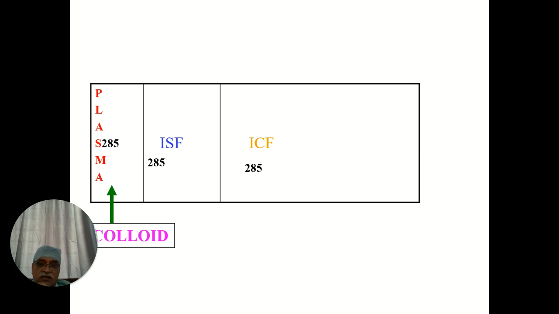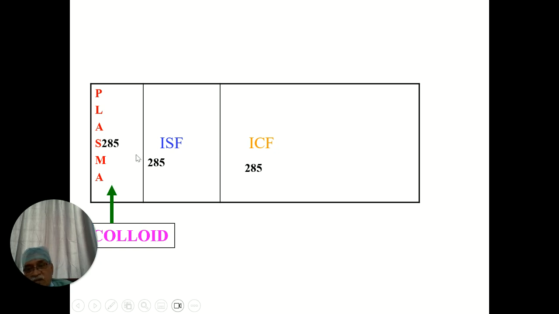If Isolyte G is not available, sodium chloride you can give, and you can also replace the potassium, with a little potassium added to it, around 10 millimoles of potassium per liter, then it will replace the gastric juice.